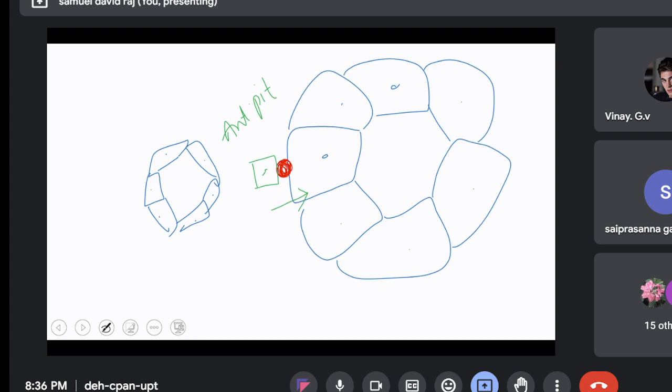However, this anterior pituitary, we have already seen, is under the control of thyroid stimulating hormone releasing hormone that is secreted by the hypothalamus.